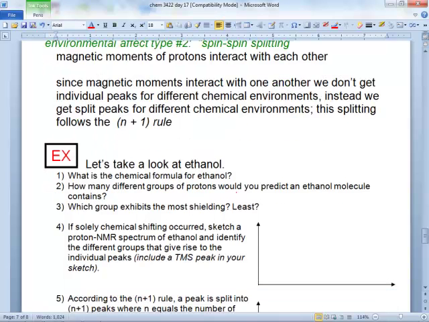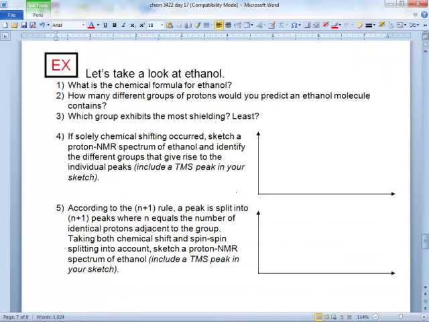Let's take a look at this. Ethanol. Why they call it the N+1 rule. We'll apply it to ethanol. The chemical formula for ethanol is CH3CH2OH. How many different groups of protons would you expect?